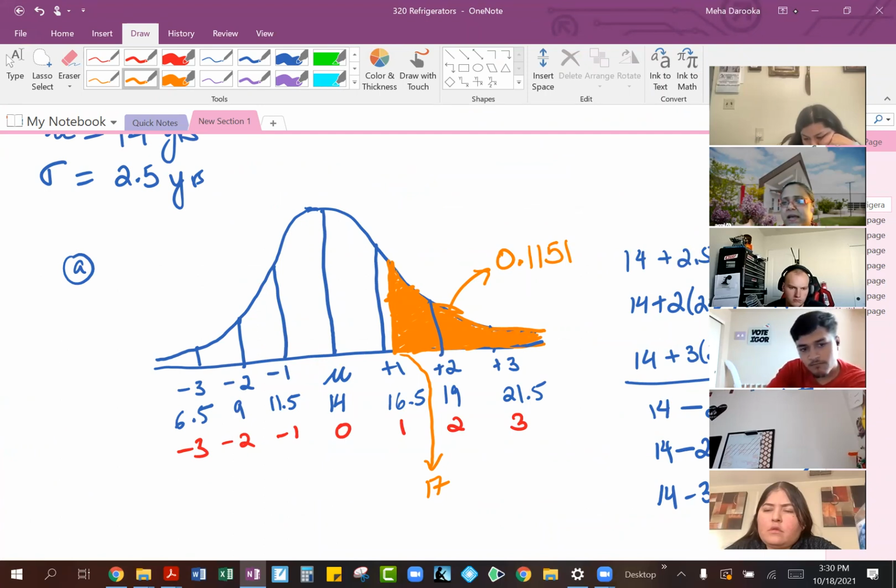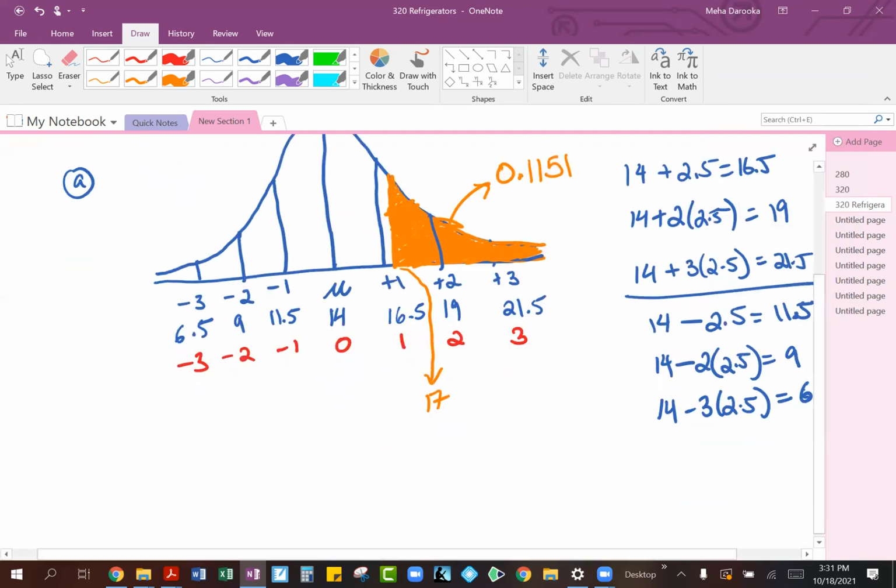Right now, they're just familiarizing you with the normal distribution. So the idea is you can look at 0.1151 and you can say the probability that your refrigerator will last more than 17 years is approximately 0.1151, or we can say approximately 11.51%.